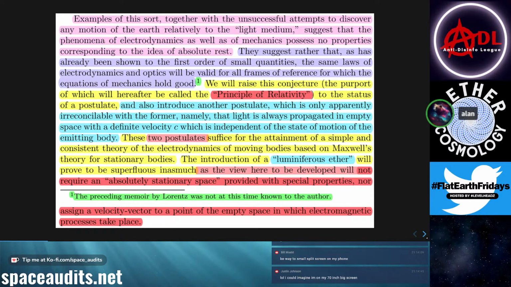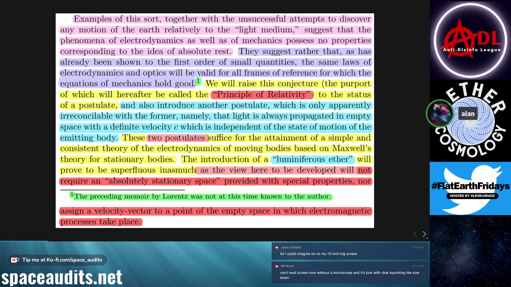The introduction of a luminiferous ether will prove to be superfluous, inasmuch as the view here to be developed will not require an absolutely stationary space provided with special properties, nor assign a velocity vector to a point of empty space in which electromagnetic processes take place.